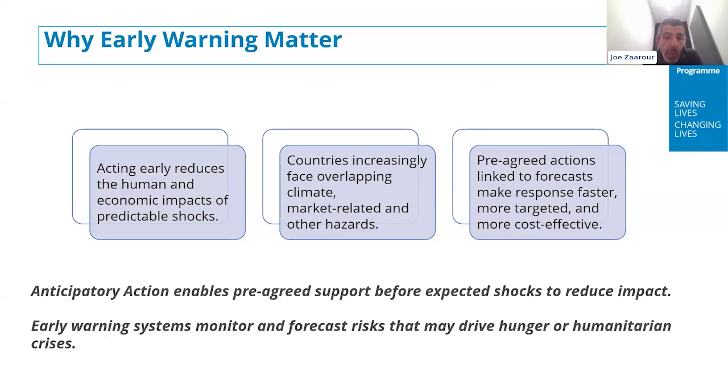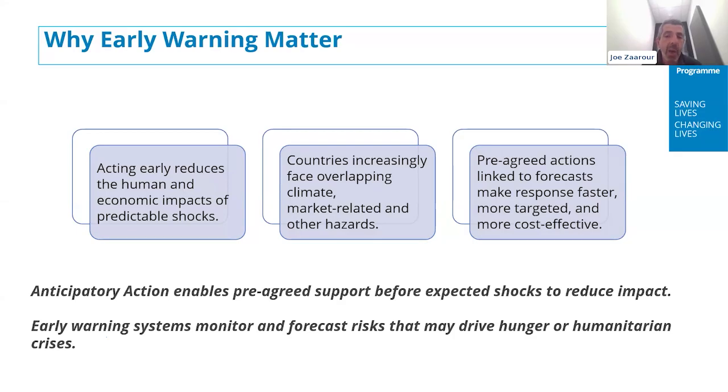So with that in mind, we all appreciate that there are multiple hazards taking place in many countries, and that somehow exacerbates the solution and the response mechanism. As long as we have prearranged early scenarios and simulations in place, this would help a lot with faster response time and lead times.